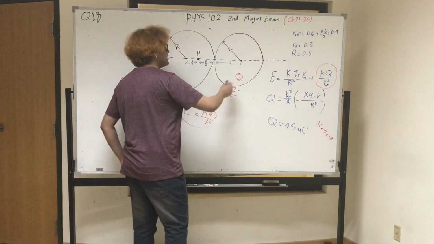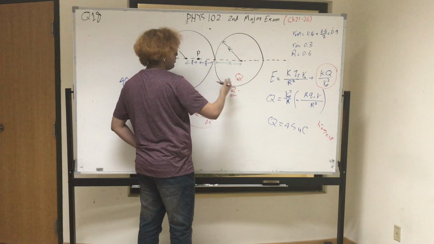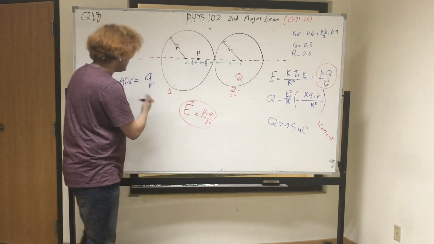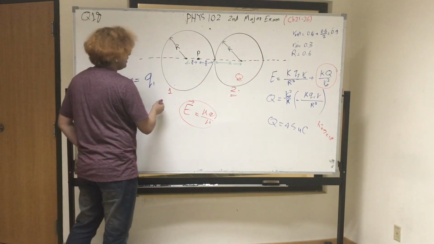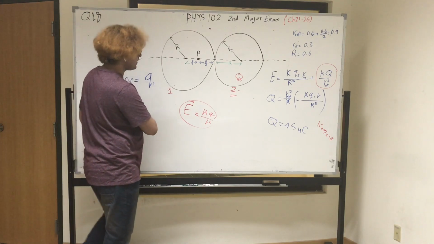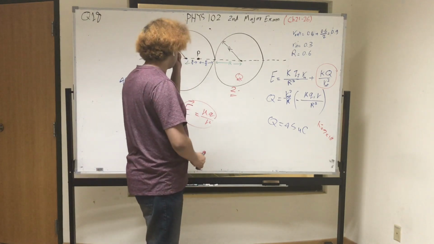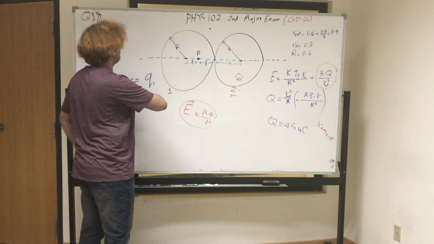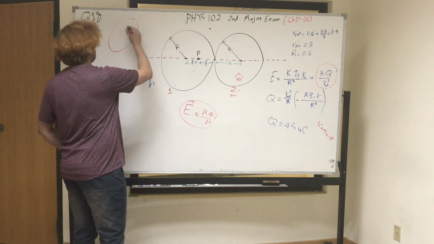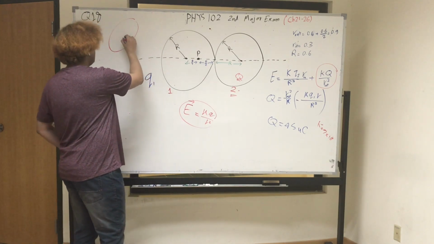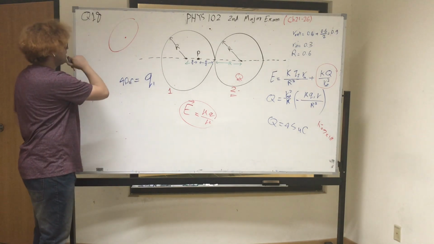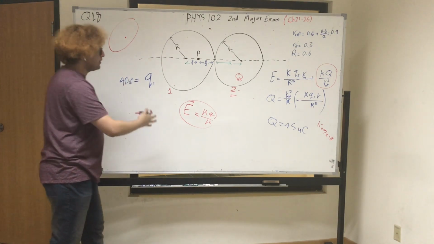Okay, so after we calculate the electric field due to this ball number 2, let's now calculate the electric field due to the first ball, or ball 1. So if we have an insulating sphere, and we want to find the electric field at any point inside the sphere, then we use another expression.